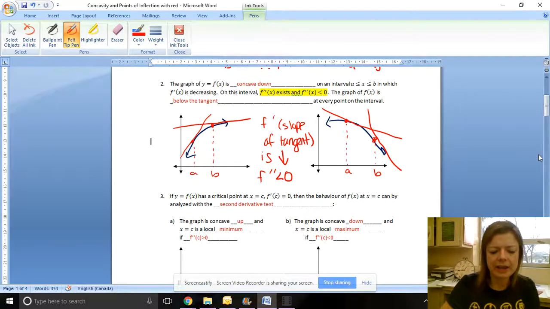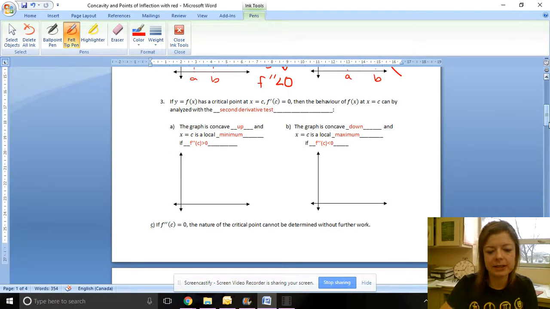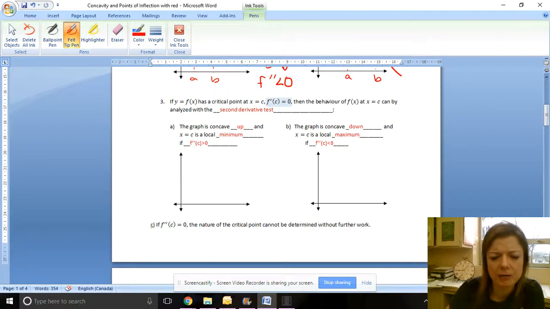If y equals f of x has a critical point at x equals c, so f prime of c equals 0, then the behavior can be analyzed with the second derivative test. We used the first derivative test to see what type of behavior was going on at a critical point, to find if it was a max, a min, or neither.